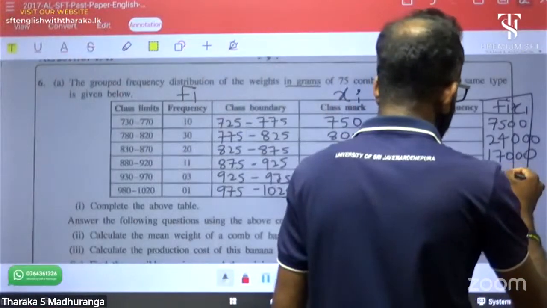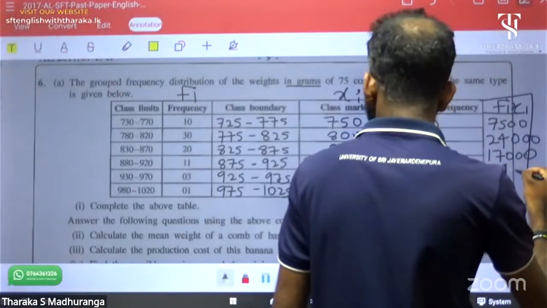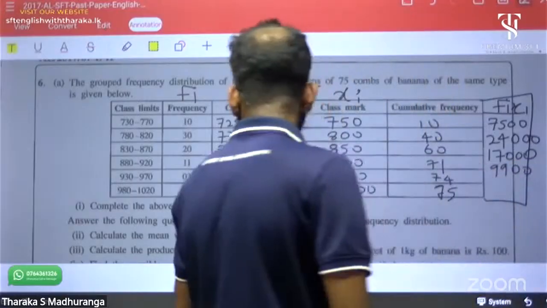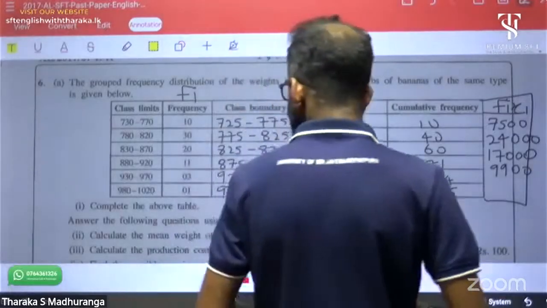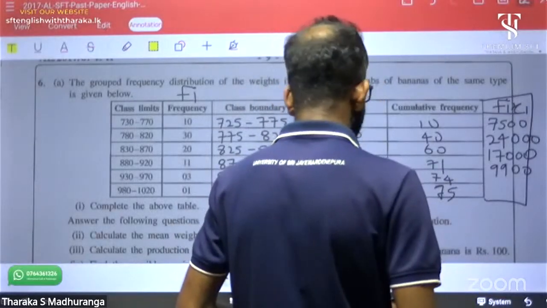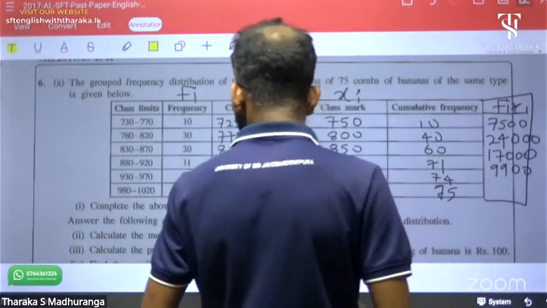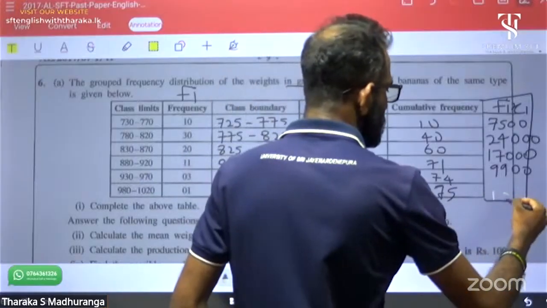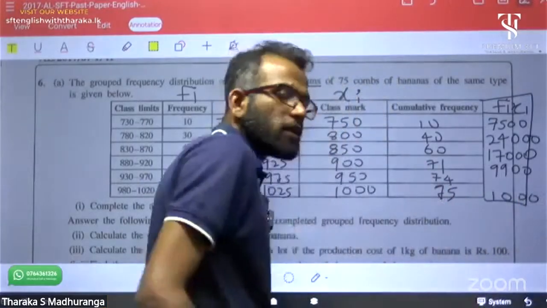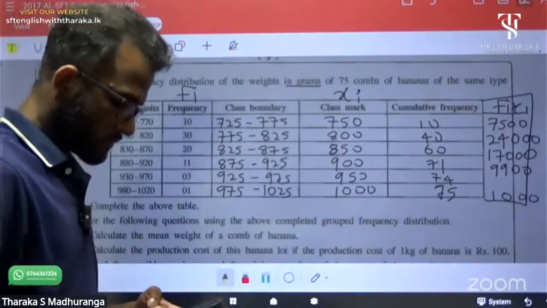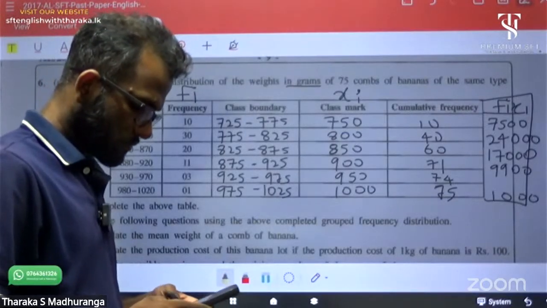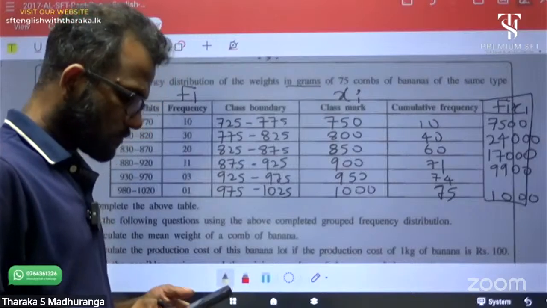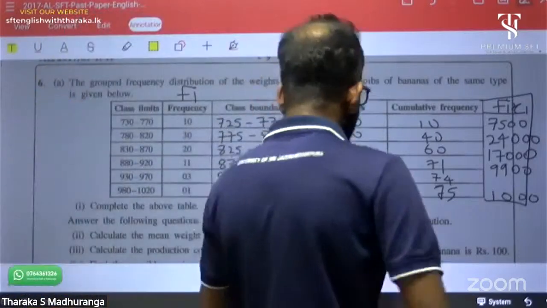Then the final one, 1,000. 950 into 3 is 2,850.